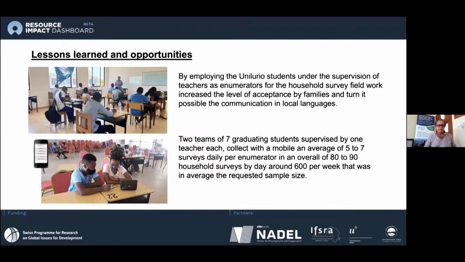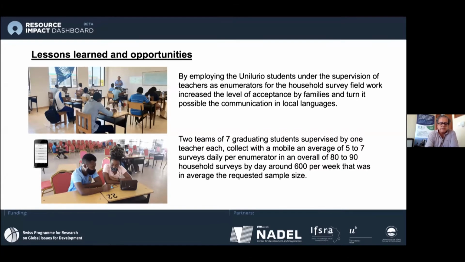Employing Lurio students under the supervision of teachers as enumerators for the household survey fieldwork increased the level of acceptance by the families and made it possible to communicate in local languages. 2 teams of 7 graduating students, supervised by 1 teacher each, collected with mobiles an average of 5 to 7 household surveys per operator, in an overall of 90 household surveys per day, around 600 per week.